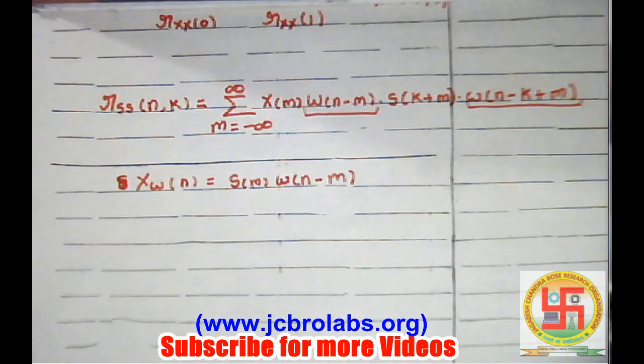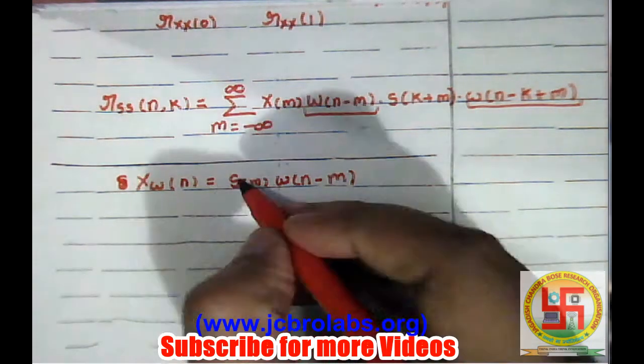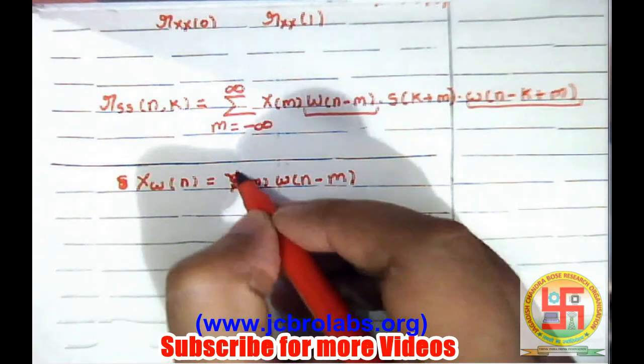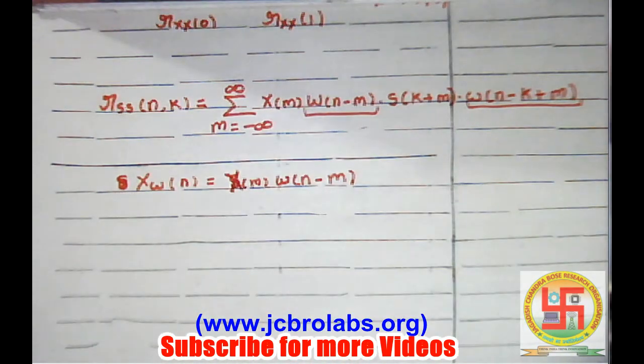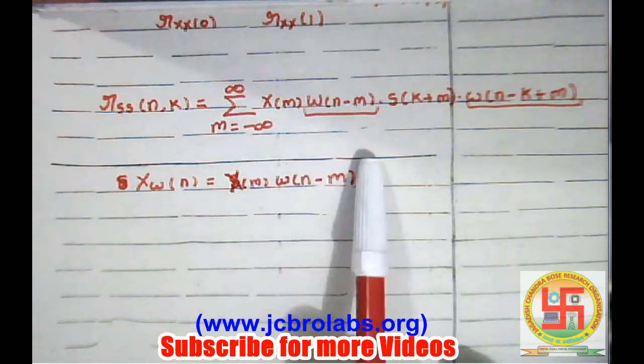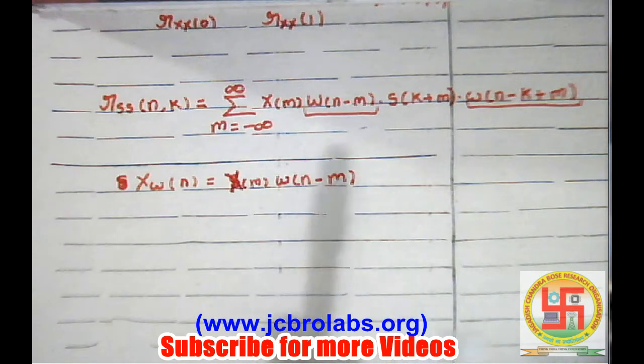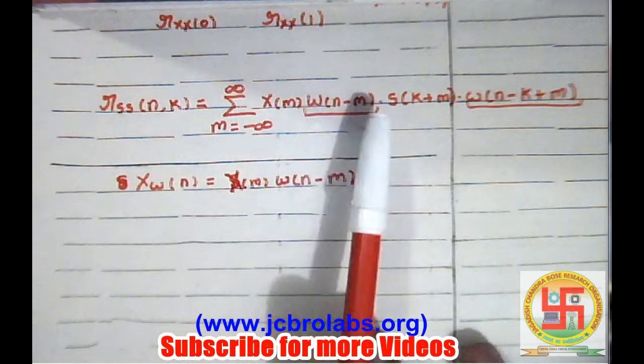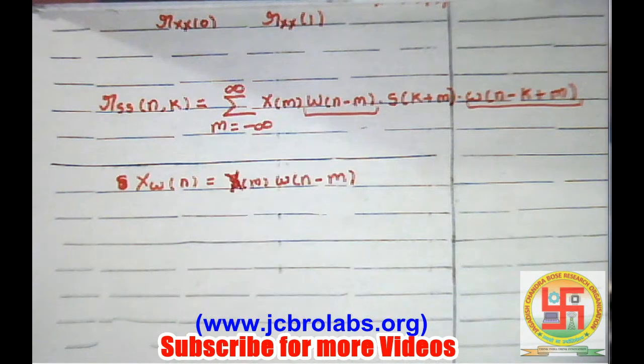This can be termed as the windowed function. The original function, x, has been multiplied with the window, and the remaining signal which we get after applying the window goes here. In our case, as we discussed, we will be using the rectangular window.